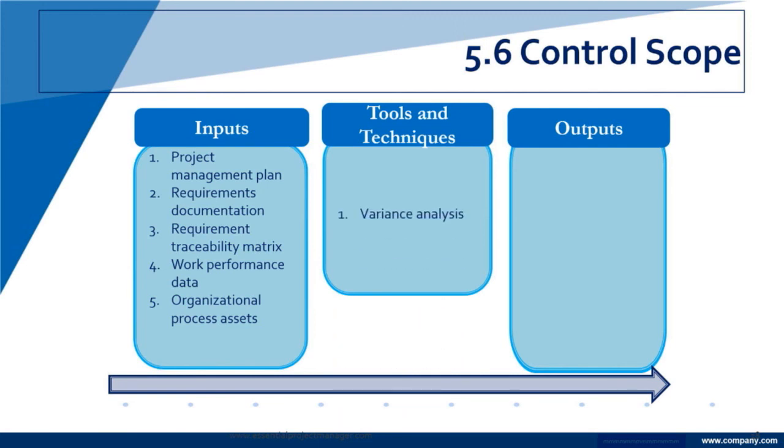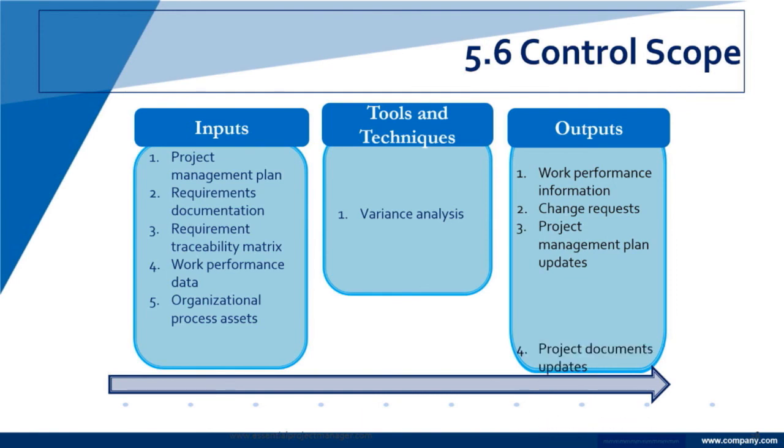We do some variance analysis here as we're trying to figure out, did we deviate? Is it always the same? Is the product supposed to be within a certain range? So that is what variance analysis would do. And we come out with work performance information, change requests, project management plan updates, and project document updates.